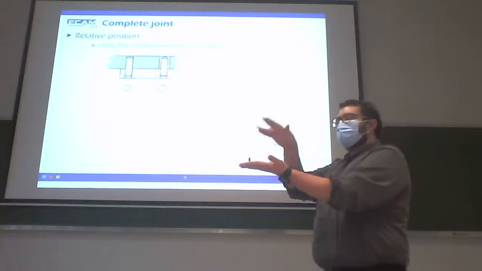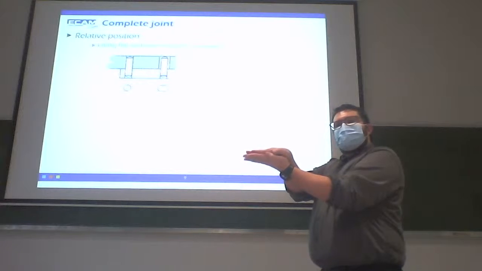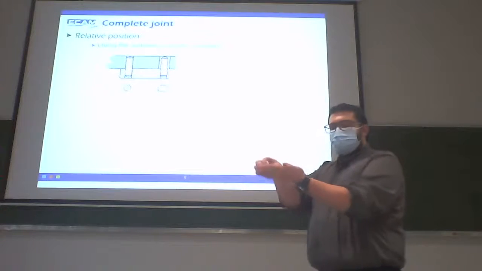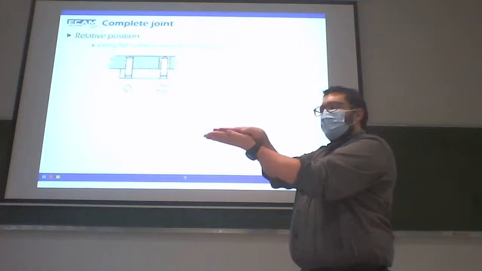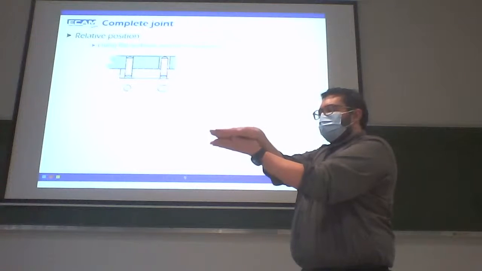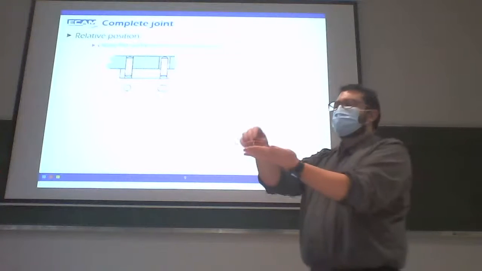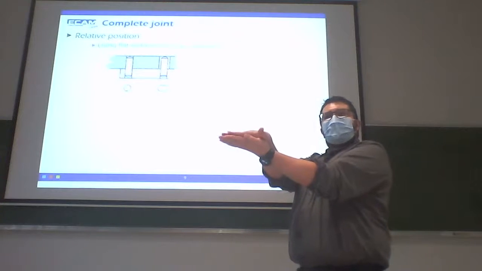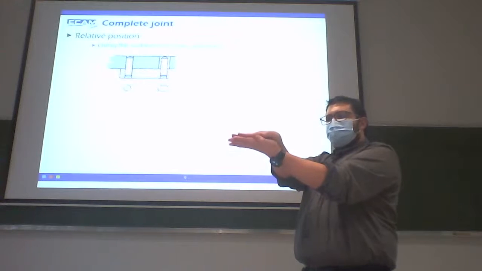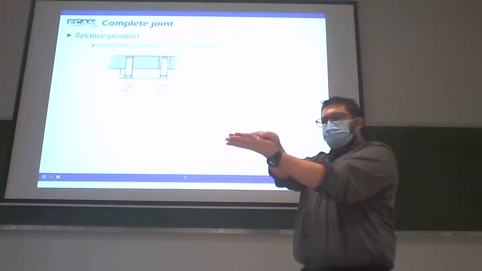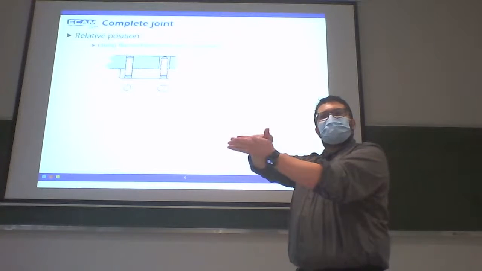The first one will stop the two translations. Reminder, planar contact: one translation, second translation, one rotation. I add between these two planar contacts the pin, and like this I stop the two translations. The only movement possible here is one rotation.